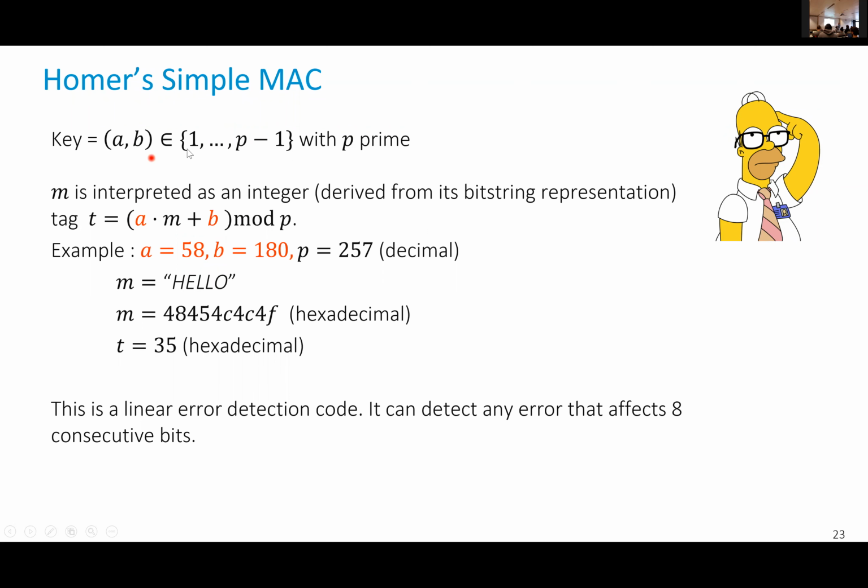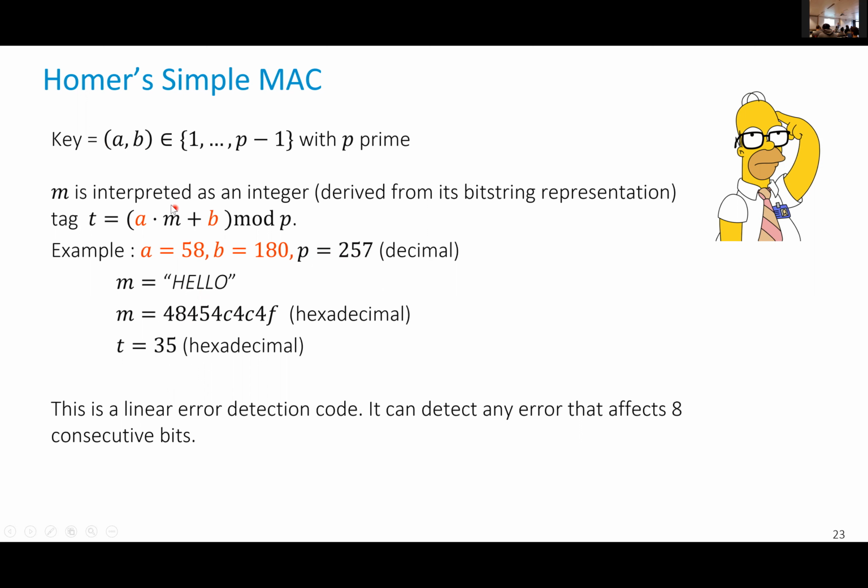I first transform the message into blocks that I interpret as integers modulo p. For example, if I have the message hello, I will write the hexadecimal ASCII representation of all the letters. And each block of two numbers here is interpreted as a number. And I apply this computation.